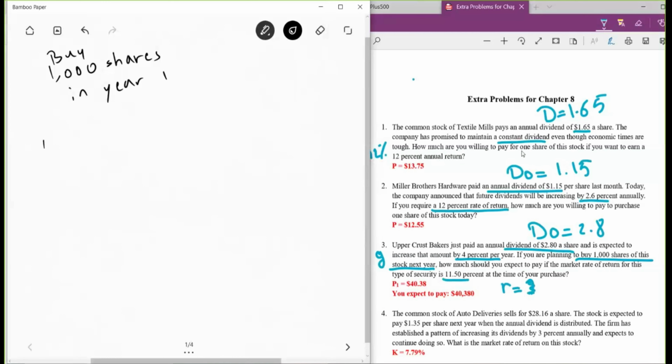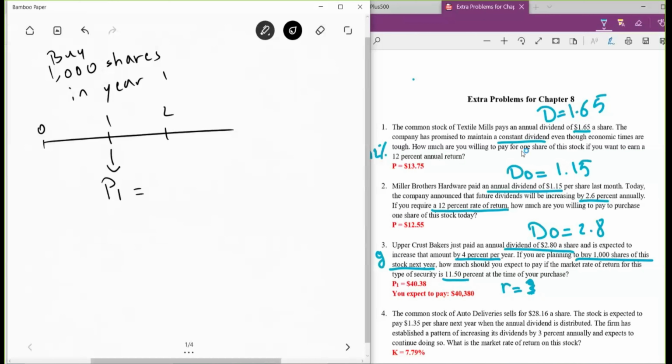So if I want to draw the timeline, I'm going to buy the 1,000 shares here in year 1. So I'll end up paying the price P1 per share. Now, there are two ways to compute P1.